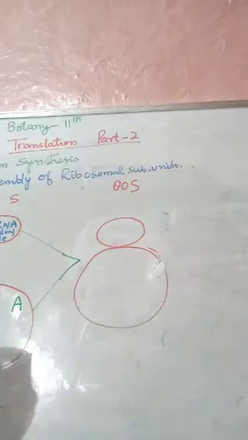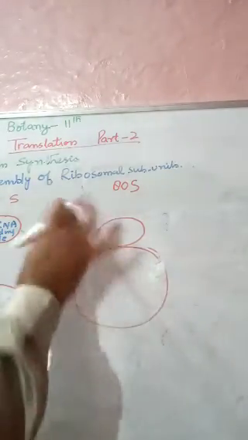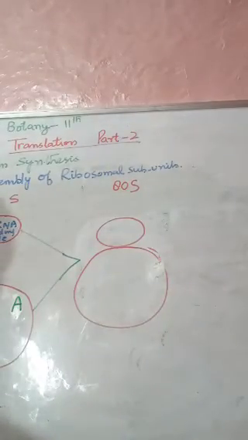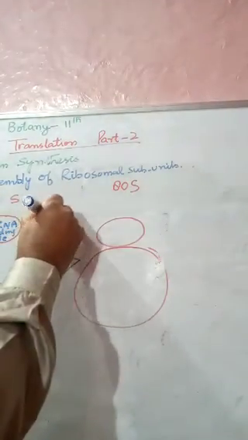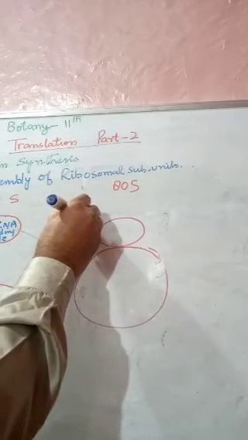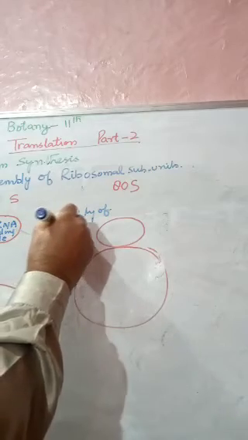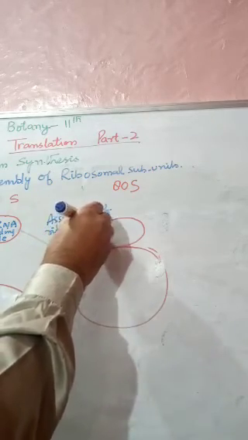This process is called the assembly of the ribosome.